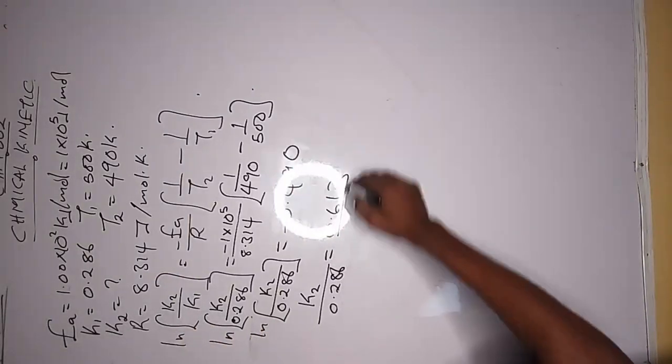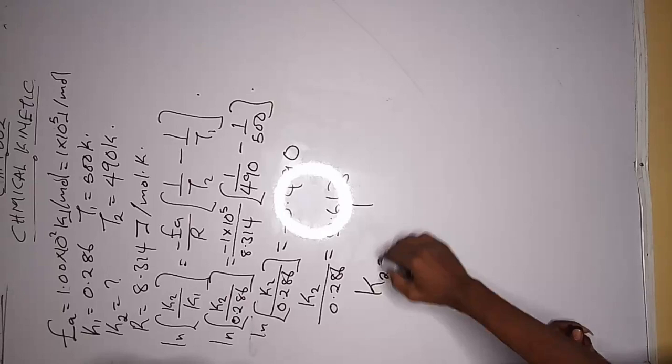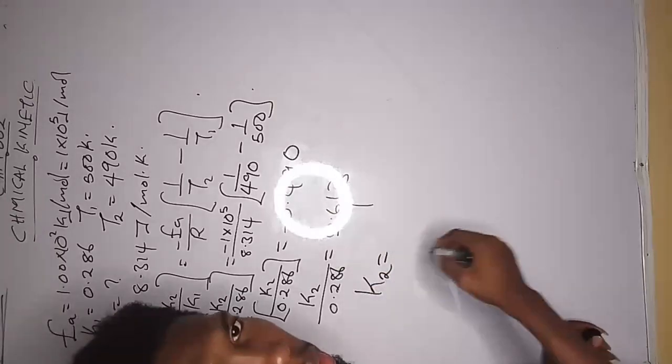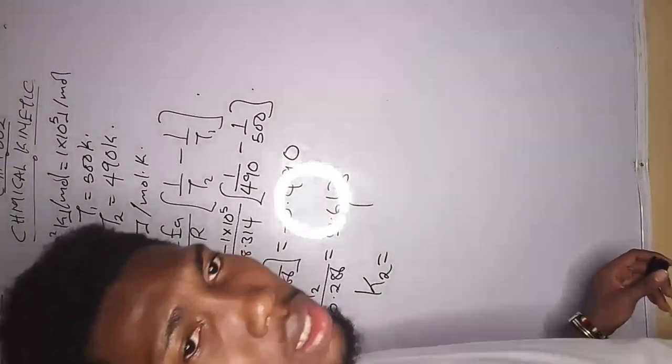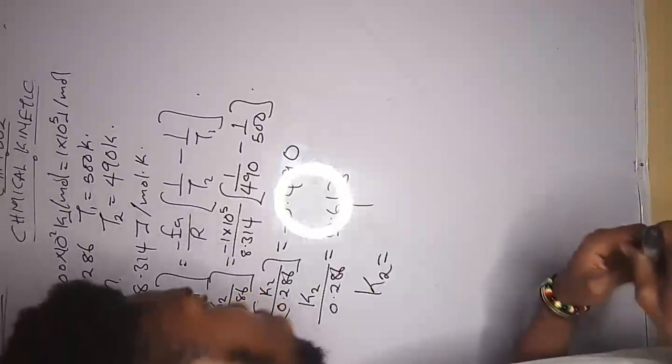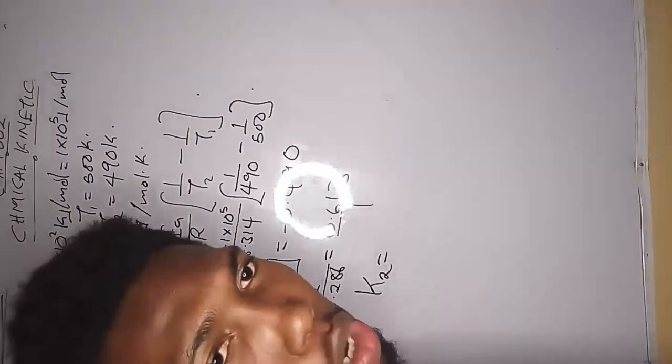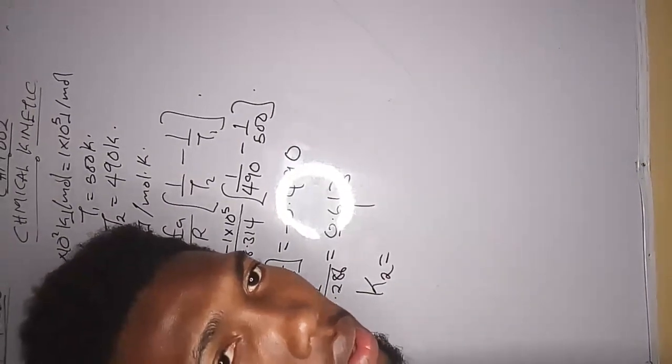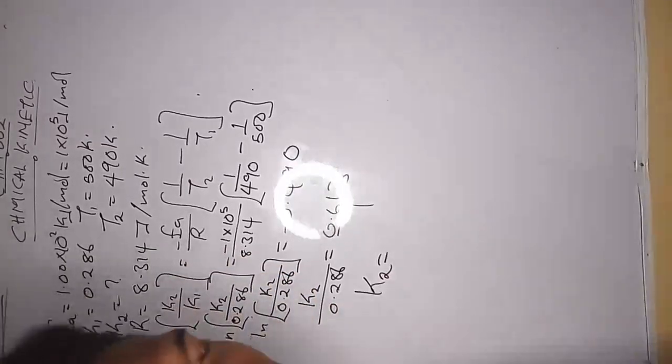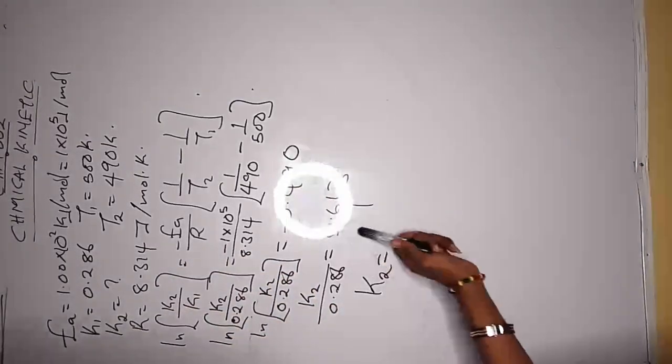So cross multiply, what do we now have? I don't understand. Which one is minus 7? Somebody's writing minus 0.7133. You guys specify which value you are mentioning. Is it the value here or here?